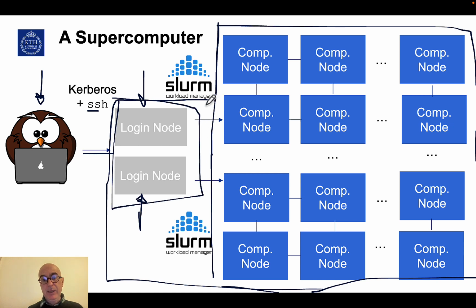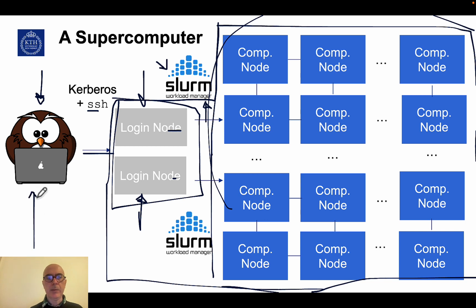We'll see then that we have a so-called scheduler or workload manager called Slurm that will allow us to launch from the login nodes our executable to run on the computing nodes. So this is the big picture of a supercomputer. We are here on the left.